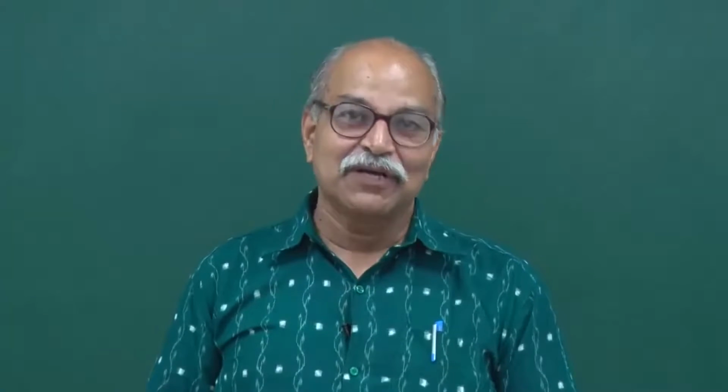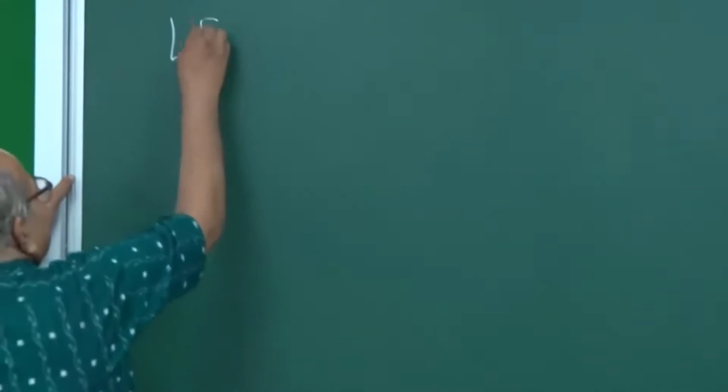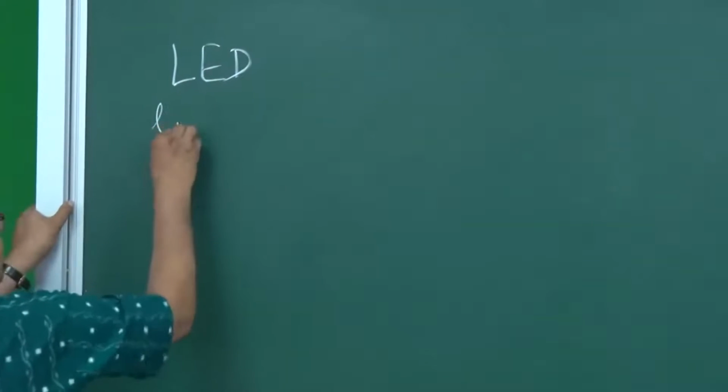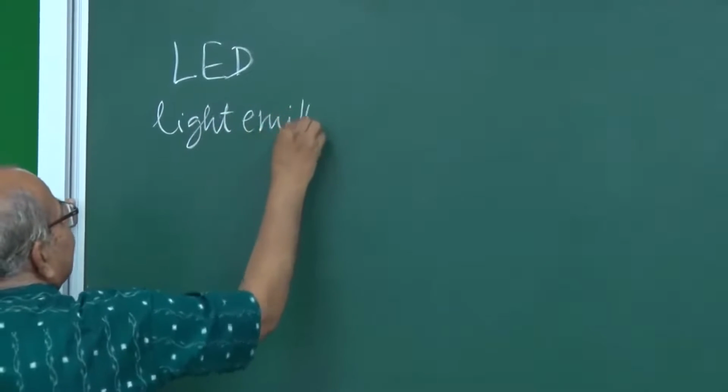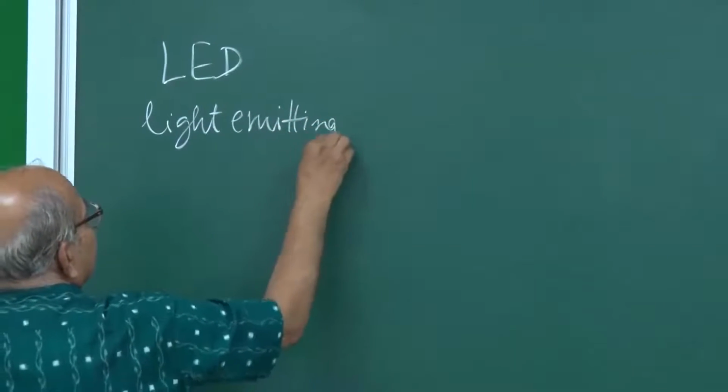Okay, the next PN junction that I am now describing is very popular nowadays all over the world, and that is the light emitting diode, LED, right, LED, light emitting diode.